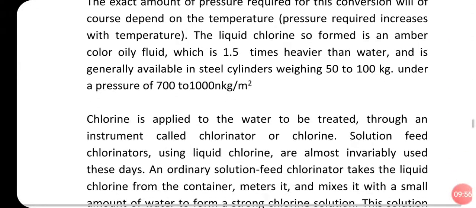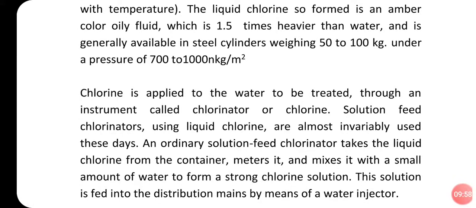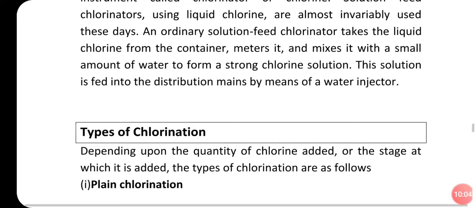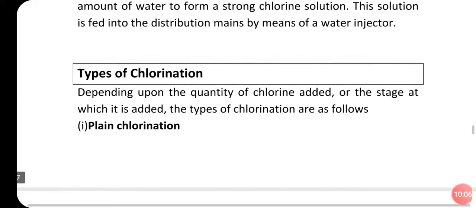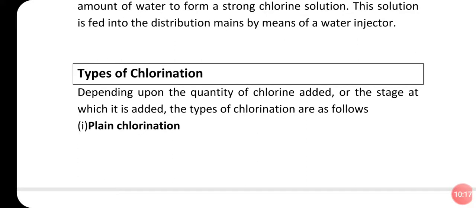So after the various forms of application of chlorine, now let us see what the types of chlorination are. In types of chlorination there are about 6-7 types. So let us see what those 6-7 types are.